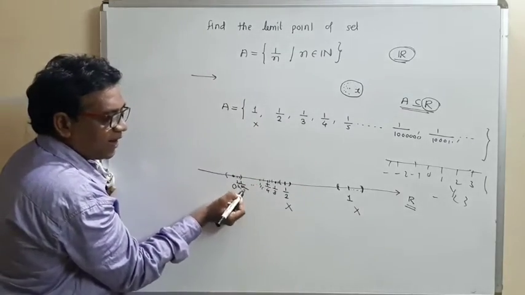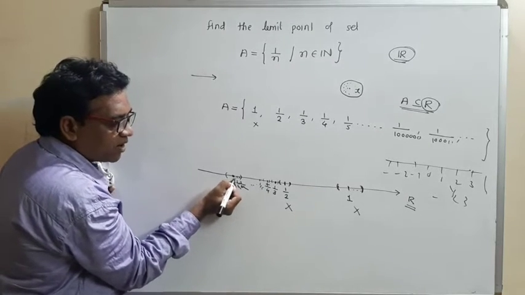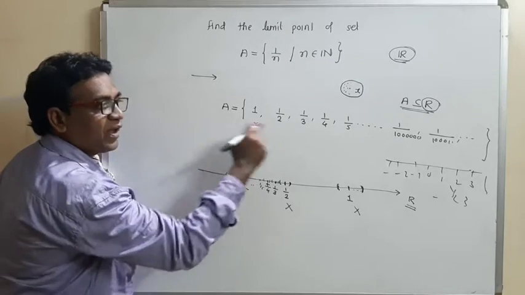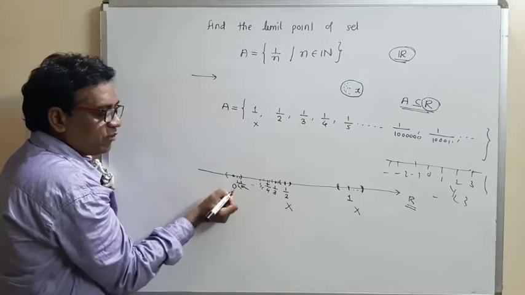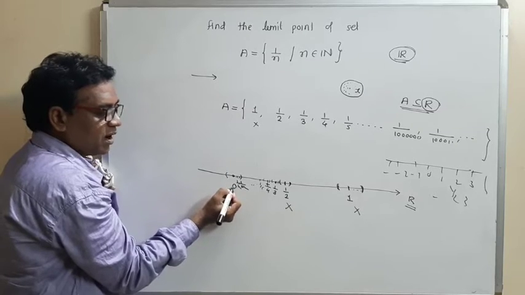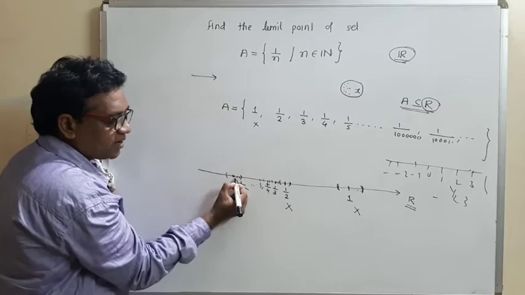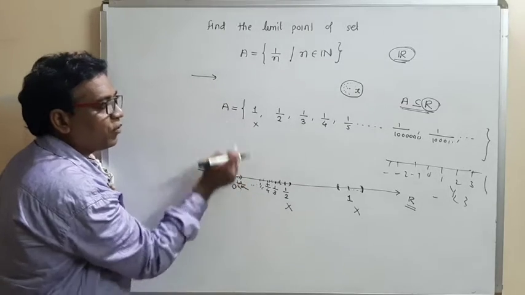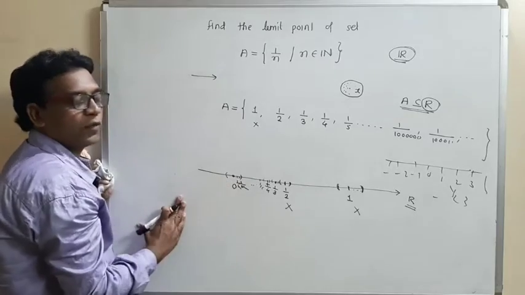These are 1 upon 10 lakh, 1 upon 10 lakh 1, 1 upon 10 lakh 2. So this neighborhood contains certain points of A. For x equal to 0, if we draw this open sphere, it contains infinitely many points of A. So x equal to 0 is called the limit point.